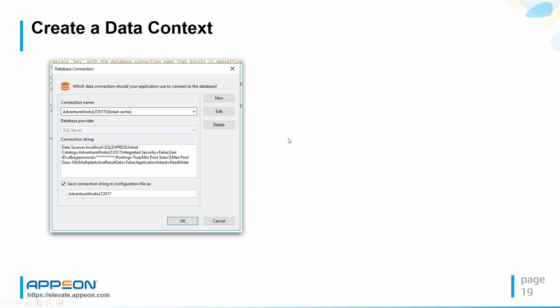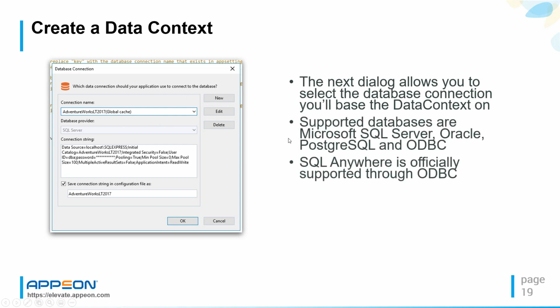Otherwise, you can hit the New button, and that will show you a dialog I'll show you in a minute, which allows you to specify the connection information. That results in this connection string down here. That gets saved out into an application configuration file.